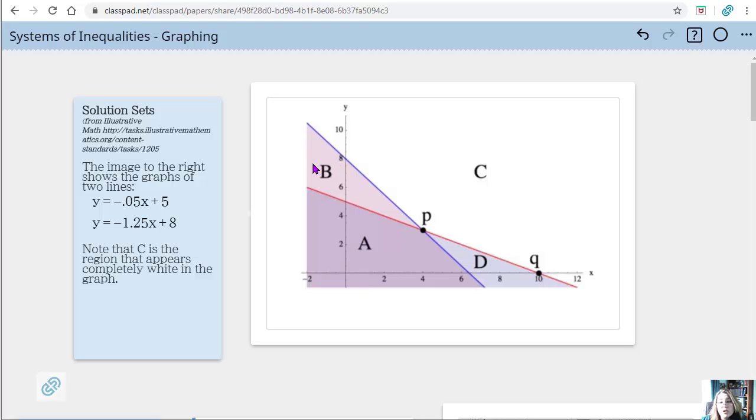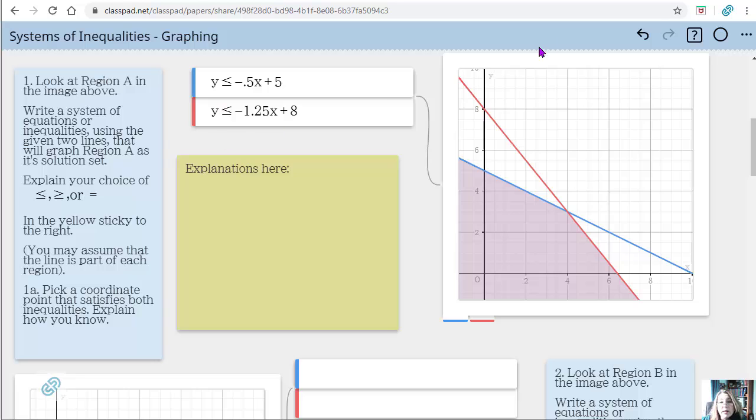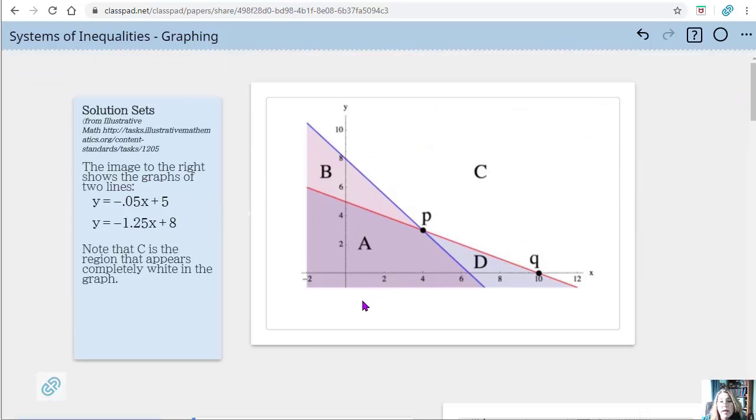So I have 2 different inequalities, whereas in this one, they were both less than. So that was region A, right? This is less than and also less than. So this was less than both. But this one is greater than one and less than the other. So we are helping students try to look at situations and really try to explain what that feasible region means.